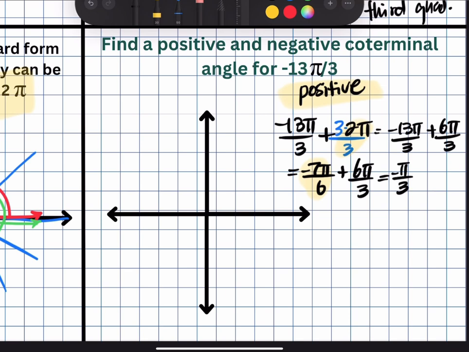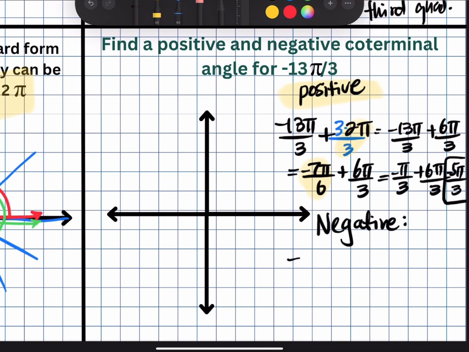This still isn't a positive value, so I need to add 6 pi over 3 again one more time. And I'm left with 5 pi over 3. So sometimes you need to add 2 pi over and over again until you get a positive value for your positive coterminal angle.